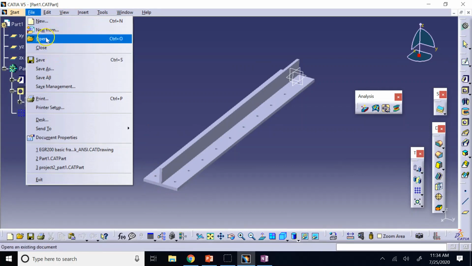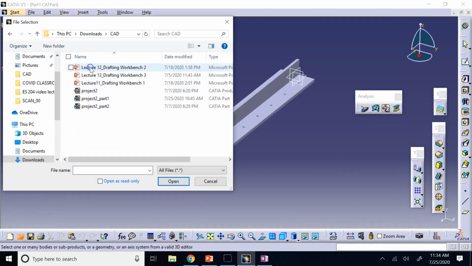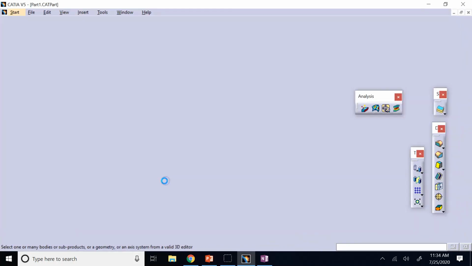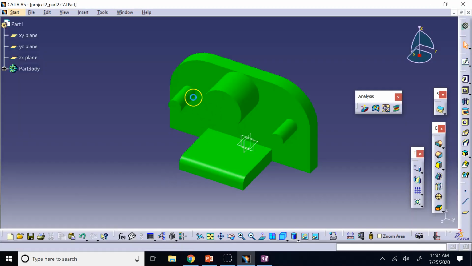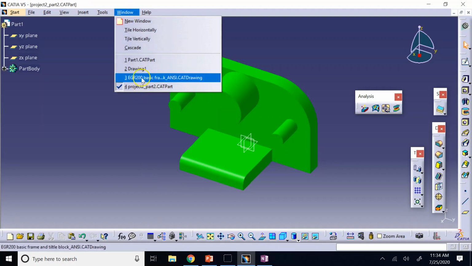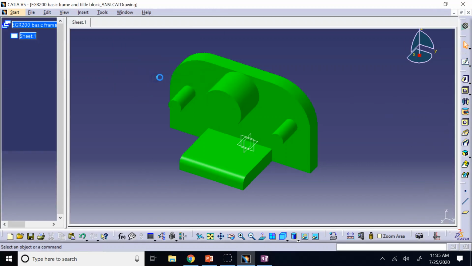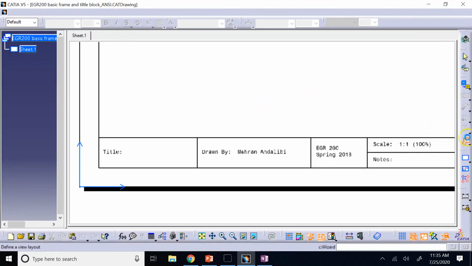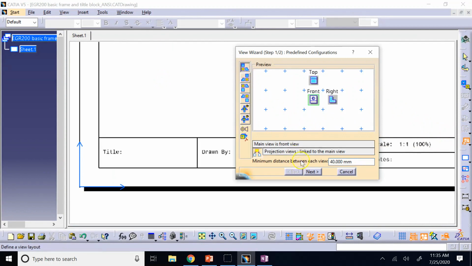you know what, let me open the other part. Let me use this guy. Okay. I have to do it one more time.